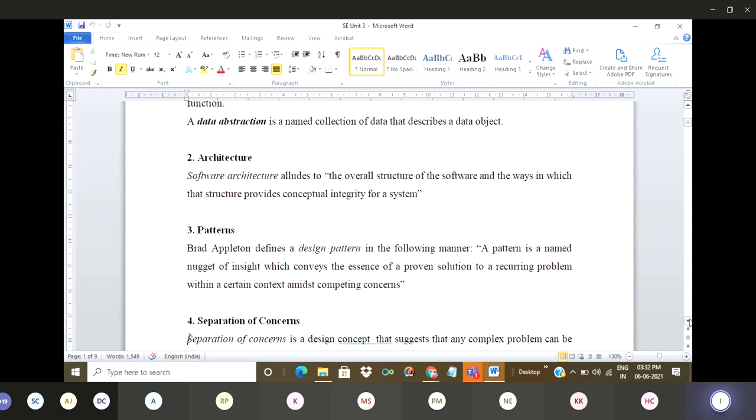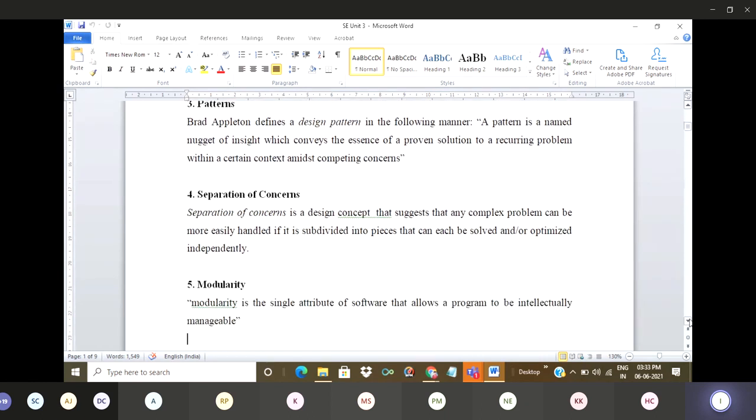Brad Appleton defines a pattern as follows: a pattern is a named nugget of insight which conveys the essence of a proven solution to a recurring problem within a certain context amidst competing concerns. These are the definitions given by the author.